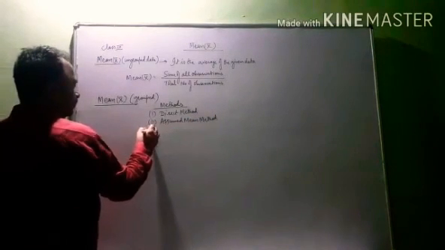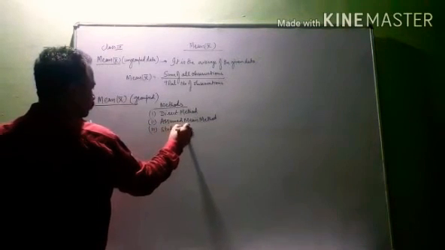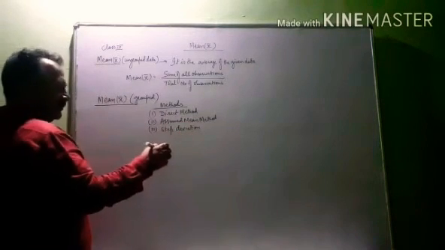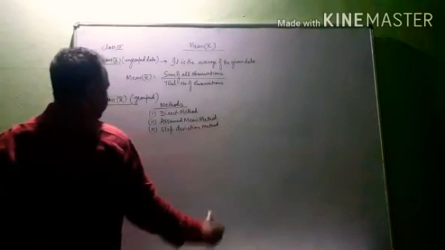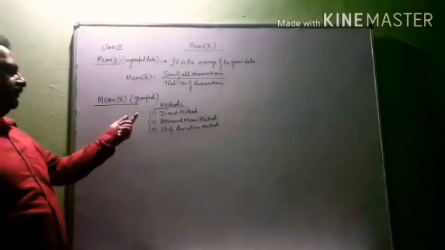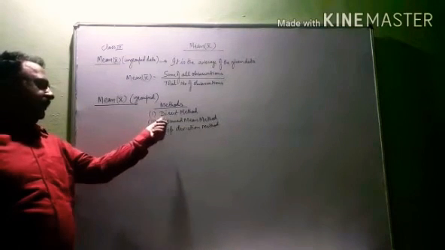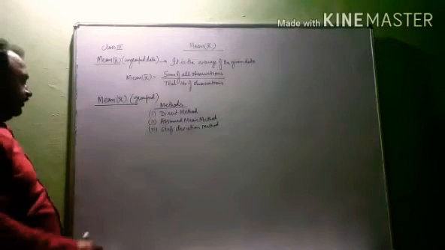And the third one is step deviation. So students, step deviation has been deleted from the syllabus this year, but it is there in the book. So generally we are going to learn only two methods this year, direct method and assumed mean method. So first of all, let's see what is direct method.